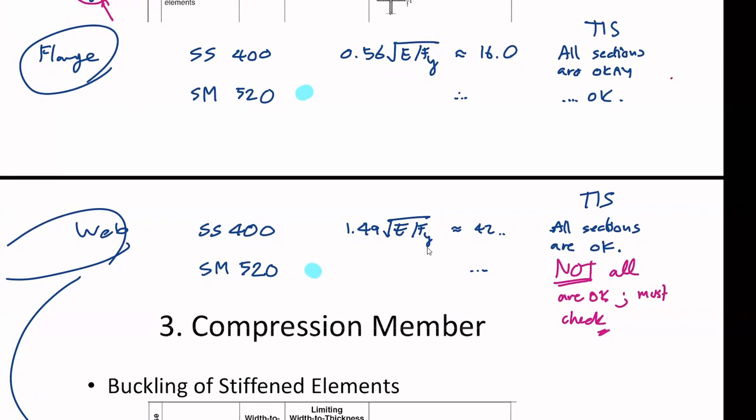Do you understand? Even though you know it's going to be okay, you must at least show me that you know it, or simply go ahead and do the calculation to complete the process.